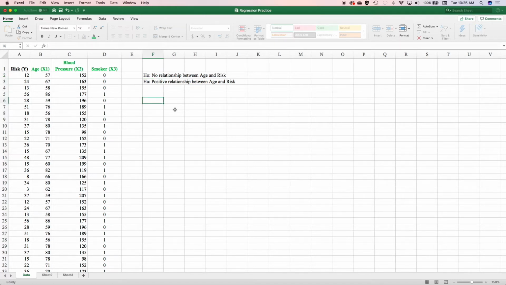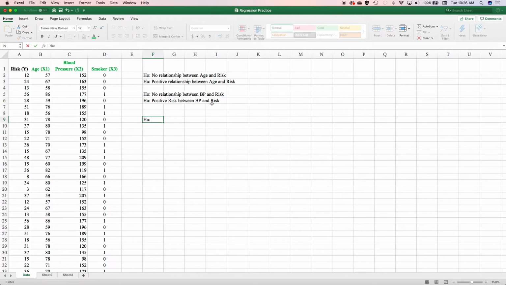We'll do that again for each of our variables, right? And so for blood pressure, we assume then that the higher the blood pressure, the higher the risk. So then there's a positive relationship between blood pressure and risk against the null hypothesis that there's no relationship. And finally, we look at whether or not you smoke.